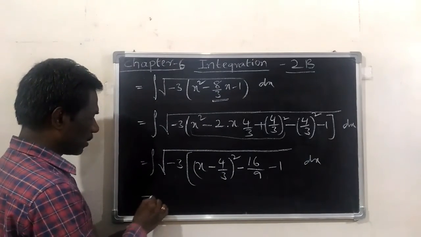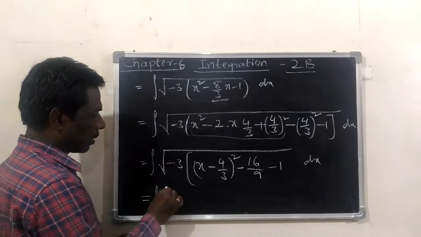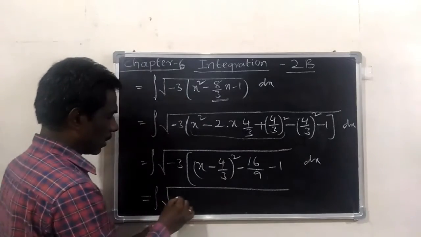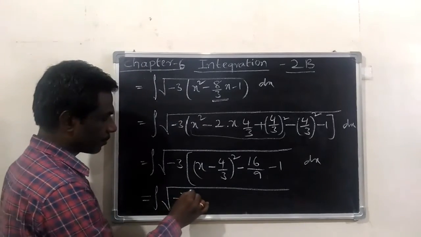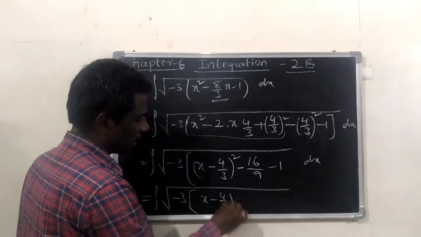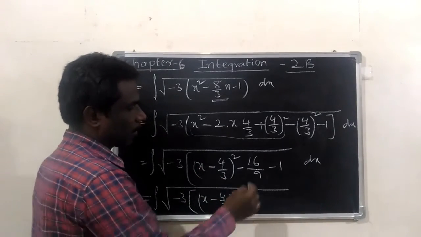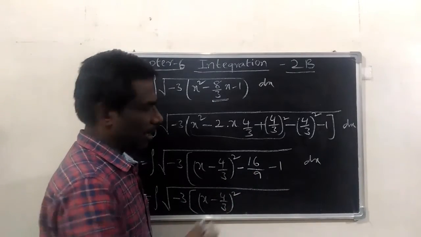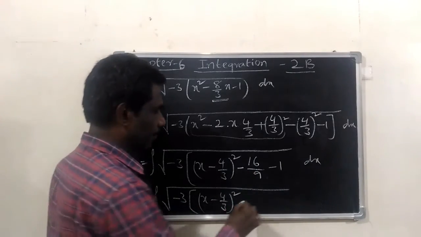And next write is equals to integral under root of, write minus 3 as it is, minus 3 into x minus 4 by 3 whole square. From these two terms minus is there, so take minus common.